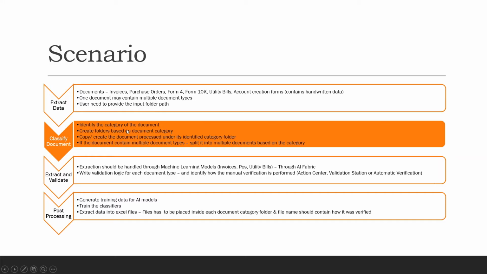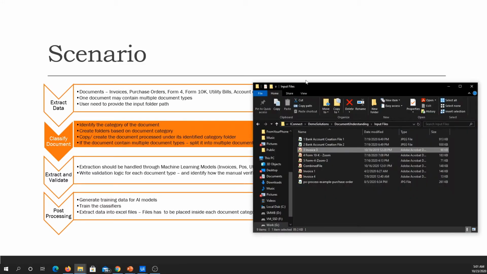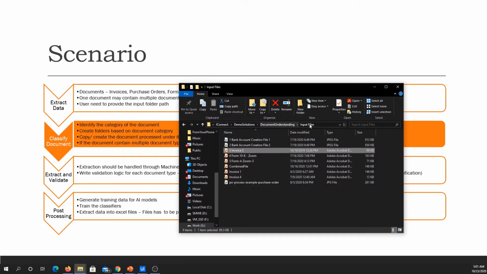We will look at how to identify the category of the document, and how we should decide whether we need manual intervention to confirm the classification that the robot selects. Once the classification is selected, the robot should copy the files into multiple folders. In our previous scenario, we had the input files in the input file folder.